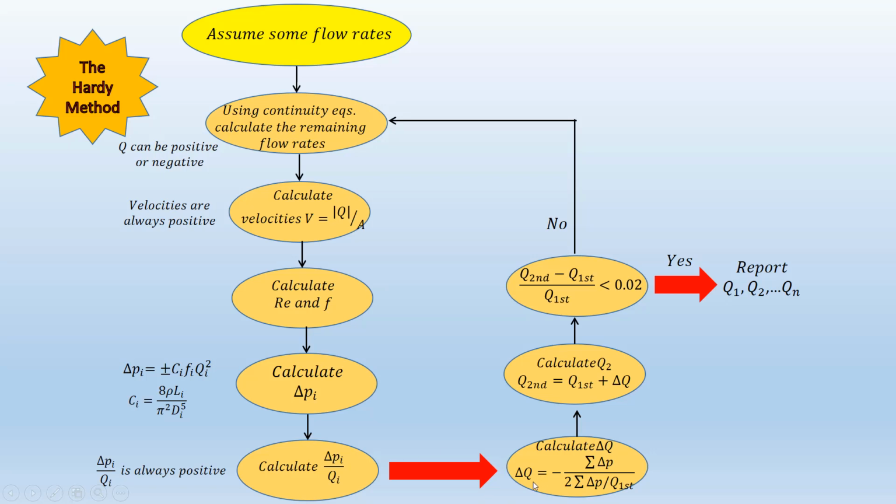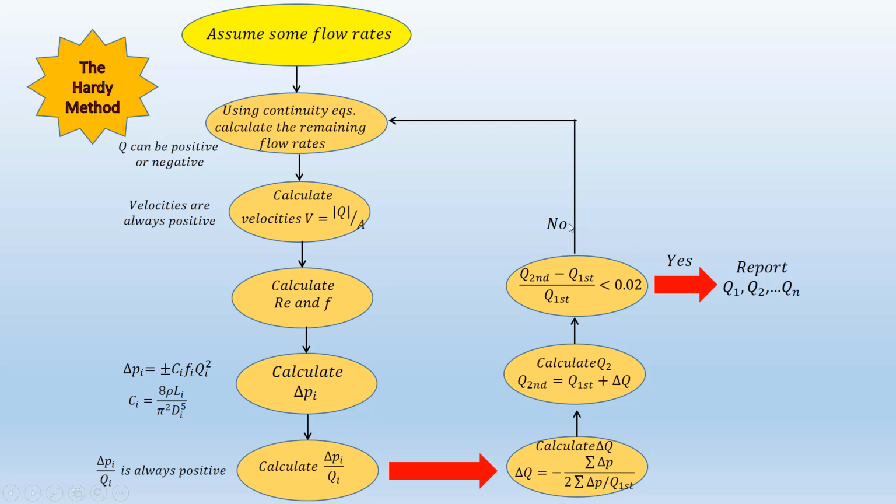The delta q is the negative of the sum of delta p_i over 2 times the sum of delta p_i over q_i. And then you can find the second q, and then you need to compare to calculate the error for each pipe. If the error for all pipes is less than 2%, you are good. You need to report the q's. Otherwise, you need to repeat the process.